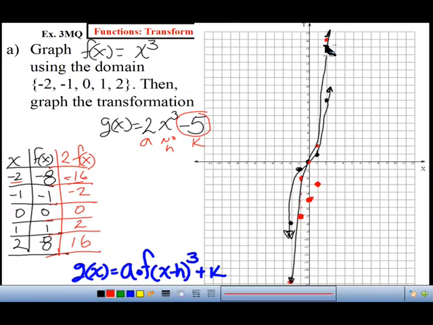And this one, 5 down. 1, 2, 3, 4, 5. And I'm going to graph that one in red. And this one I am going to label G of X.